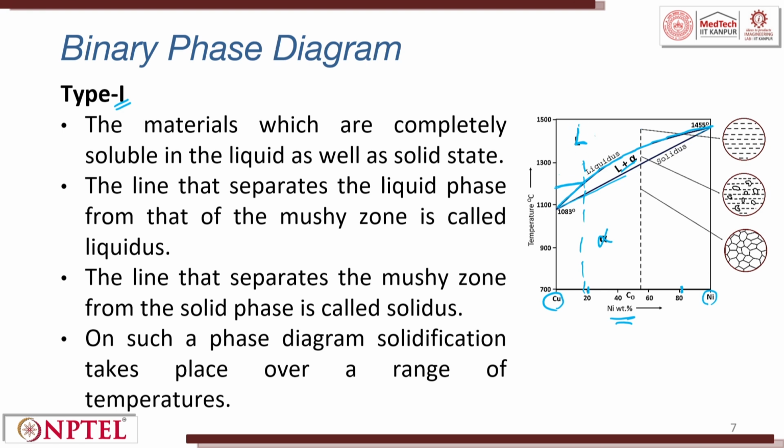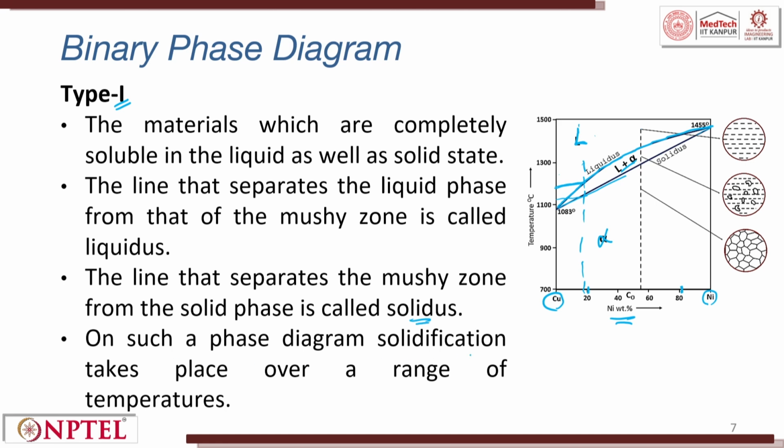And when it goes to around 1120 or 30, you will see the solidus line getting formed. When the composition changes, you see the temperature offset happens, and you can see the mushy zone also tries to form. The line that separates the mushy zone from the solid phase is called the solidus line.